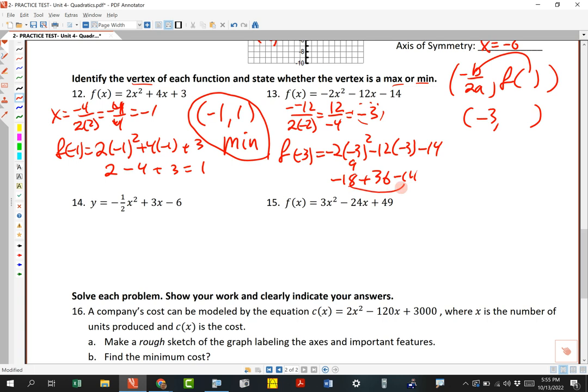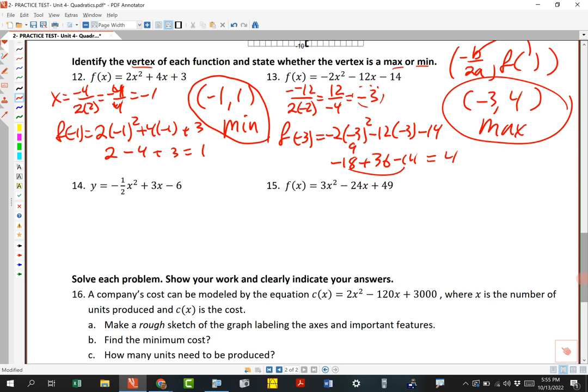Okay, so if I put the two of these together, I get -32. And then if I add 36, this is going to be a positive 4, I think. Okay, so we get a 4 right there. So I'm going to go ahead and circle that. Oops, so we forgot one thing, max or a min. It opens down, so this is going to be a max. All right, so we'll go ahead and circle that and then take a look at this next one here.